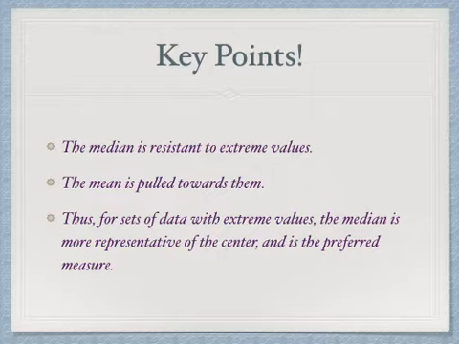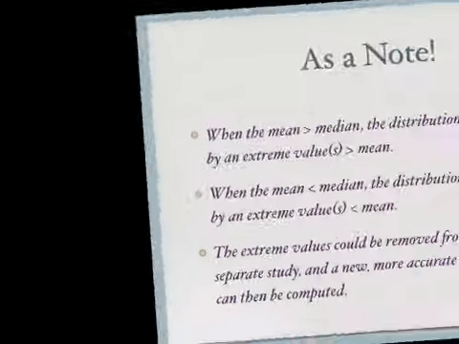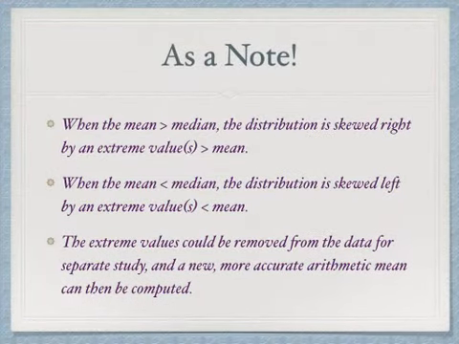So keep in mind that when we do not have a symmetric set of data, say we have a really extreme outlier, the mean is really influenced by that outlier. If we were to create a histogram using a set of data that had an extreme high outlier, you could see the shape of the histogram being skewed to the right.